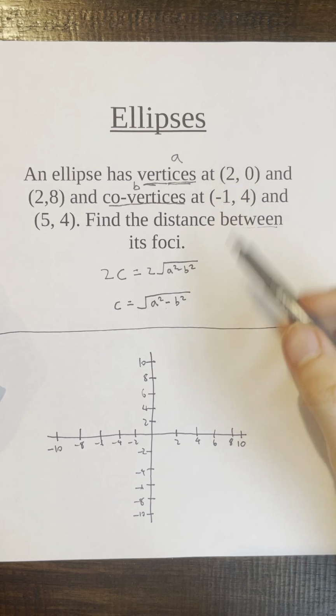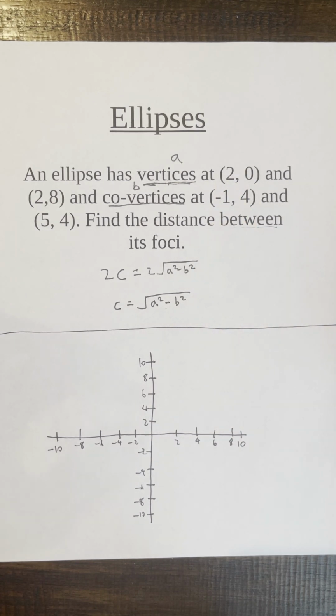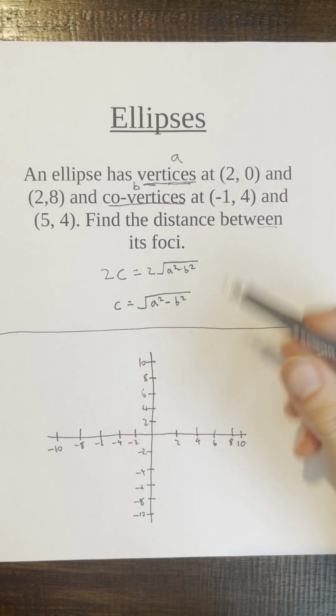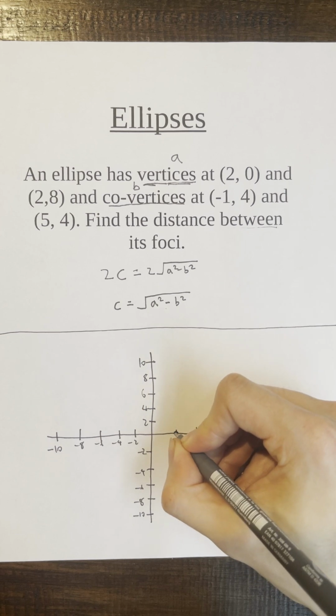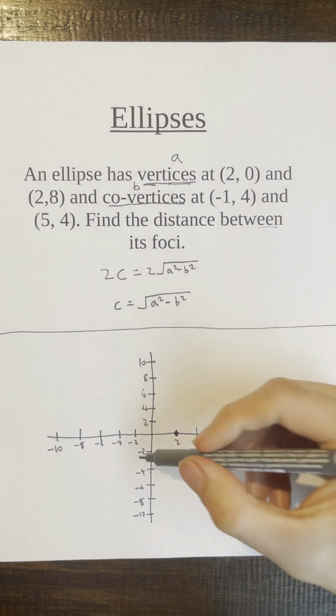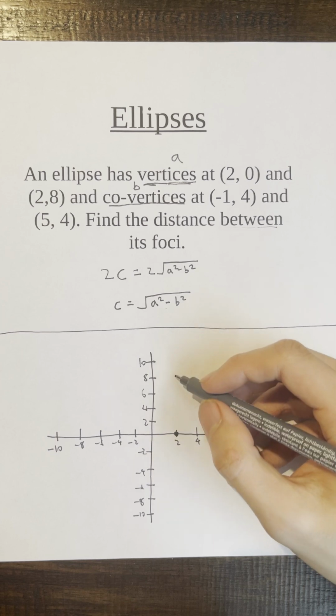Okay, where does 2, 0 go on here? So we go right by 2 and up by 0. So we're just going to land here. Where would we land at for 2, 8? So go right by 2 and up by 8.